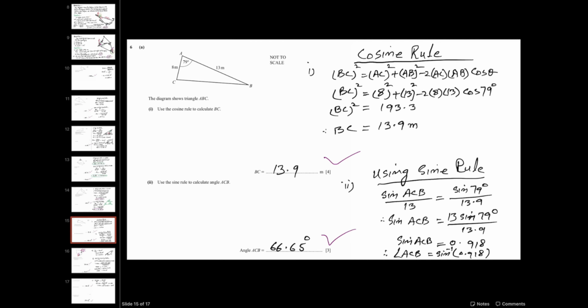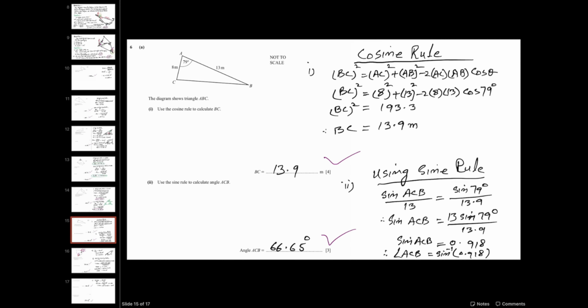Now in second part I am using sine rule. Sine ACB upon 13 is equal to sine 79 degree upon 13.9. So sine ACB is equal to 13 times sine 79 degree upon 13.9, or sine ACB is equal to 0.918.